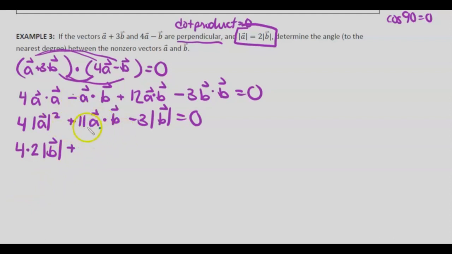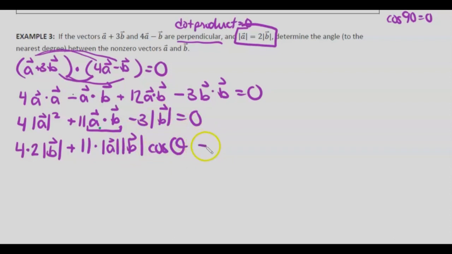First, I'm going to substitute in the definition of the dot product for vector A dot vector B, which is the magnitude of vector A times the magnitude of vector B cos theta.